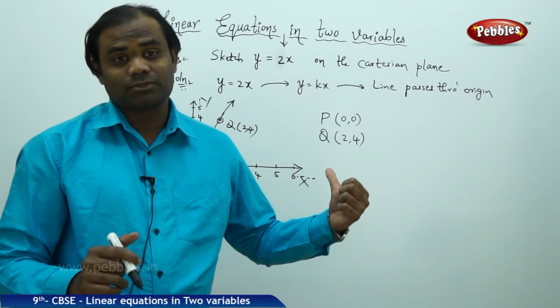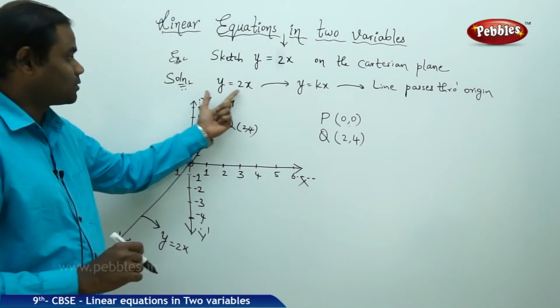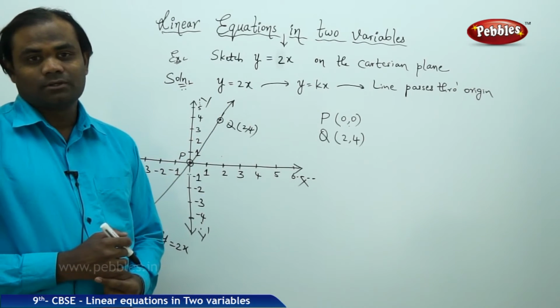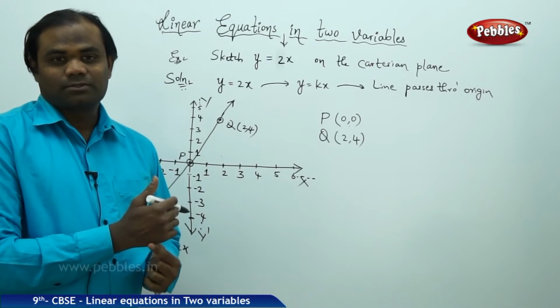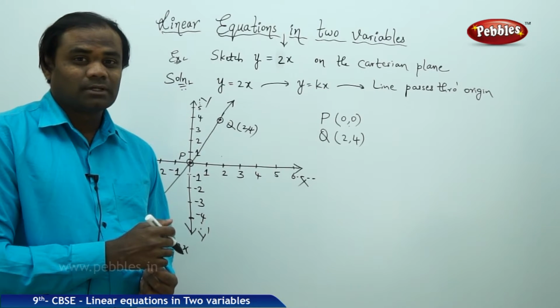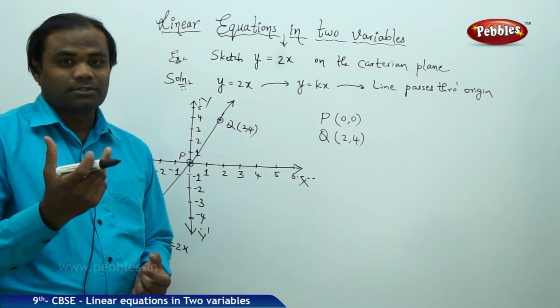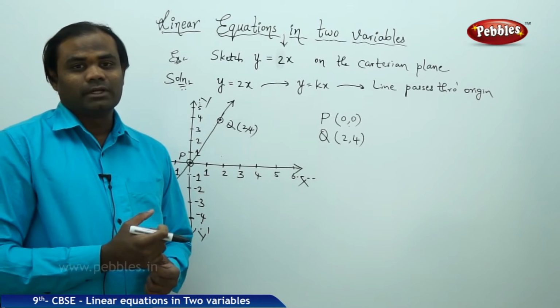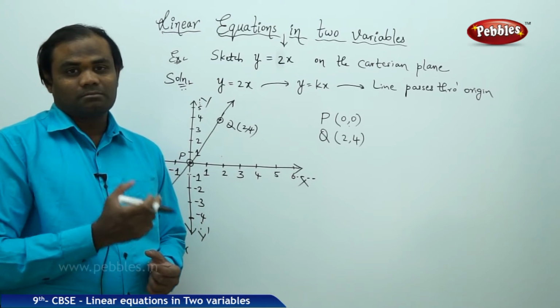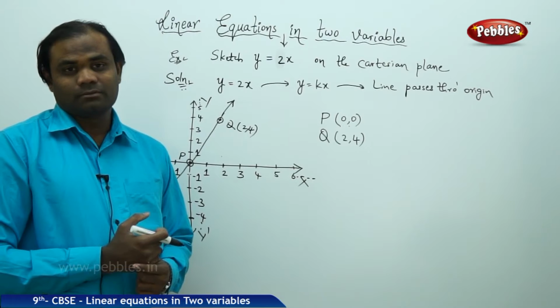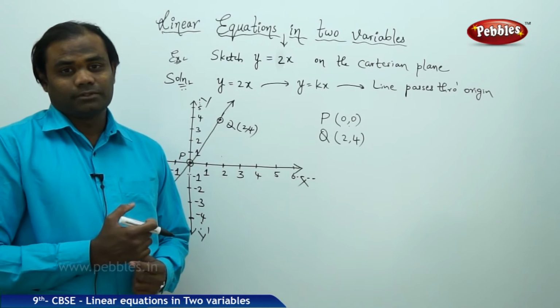It must pass through the origin because it does not have a constant. No constant, must pass through the origin. A constant, then the line does not pass through the origin. So a constant plays a vital role in deciding whether the line passes through the origin or does not pass through the origin.